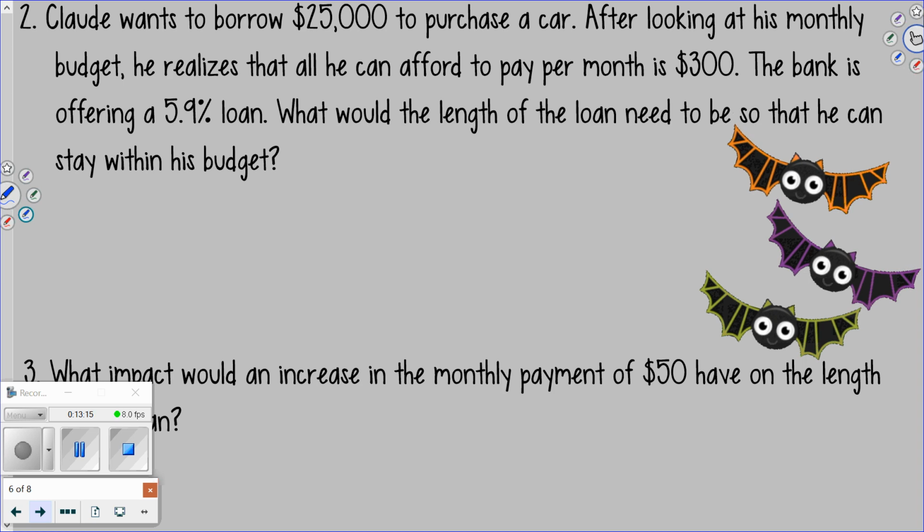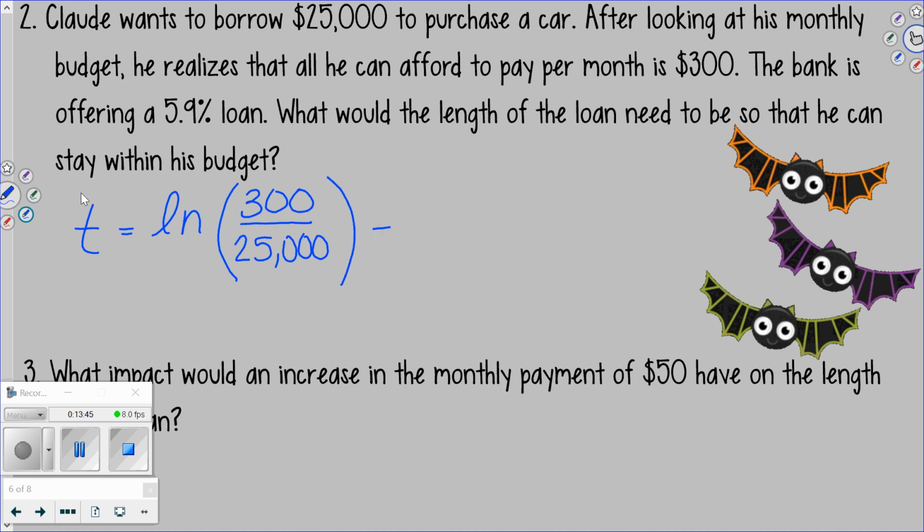So let's go ahead and plug our numbers in here. So T equals, because we're trying to figure out the time. So that is a natural log. I always make mine cursive so you can tell kind of better what it is. The capital M stands for what? Monthly payment. And he can afford $300 a month. Divided by what's P? Principal, which is $25,000. Notice where those parentheses are, okay? Some of you have a tendency to put them in the wrong spot.